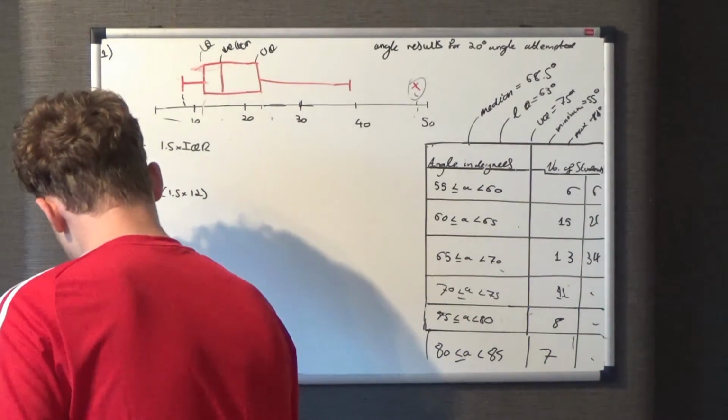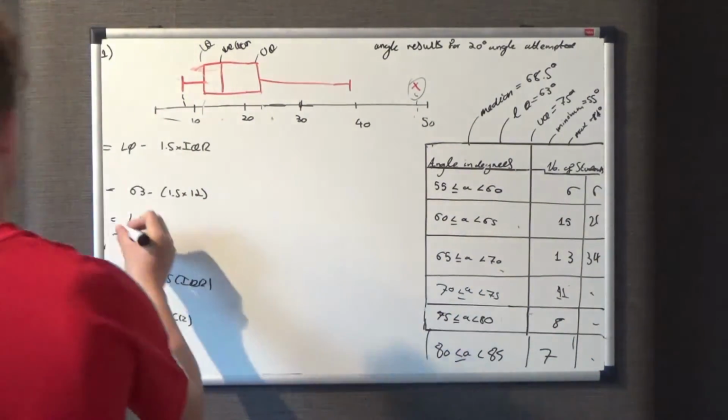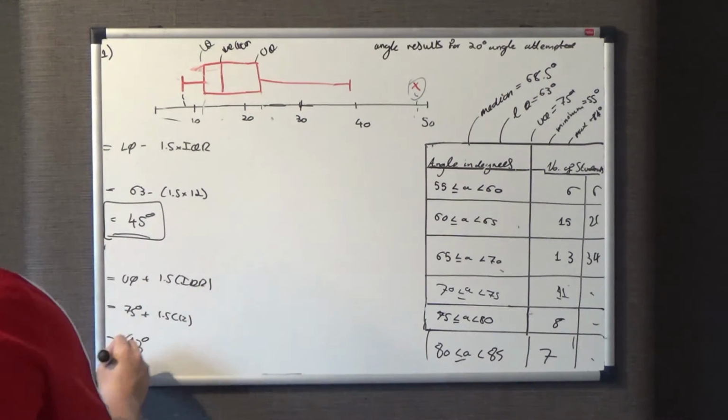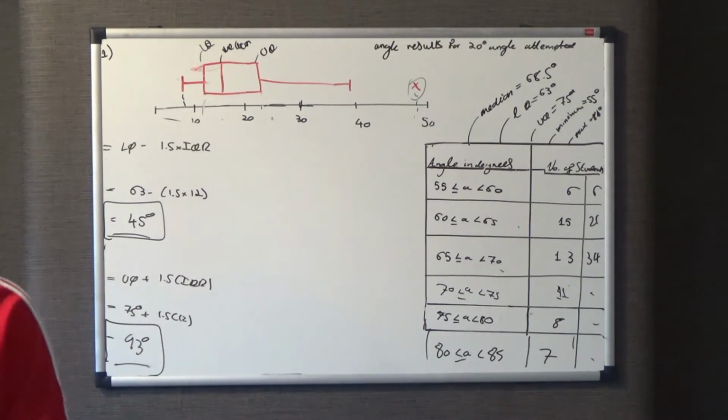As our maximum recorded value is 84 degrees, you now need to put in a little sentence saying the minimum value could be is 45 degrees, which is smaller than our minimum recorded value of 55 degrees, and the maximum value that we could record without it being a bit weird is 93 degrees, but the actual maximum value we recorded was 84 degrees. So there are no outliers in this range.